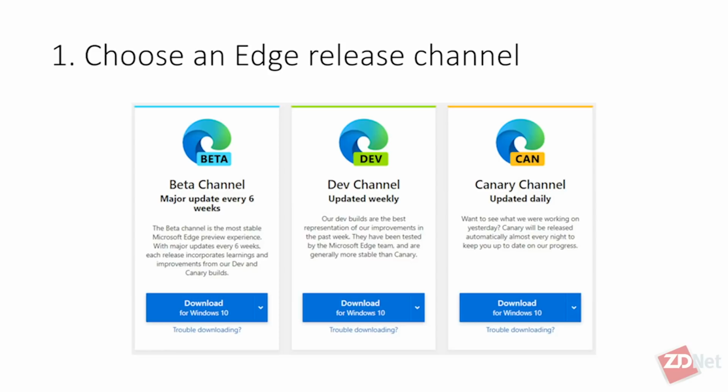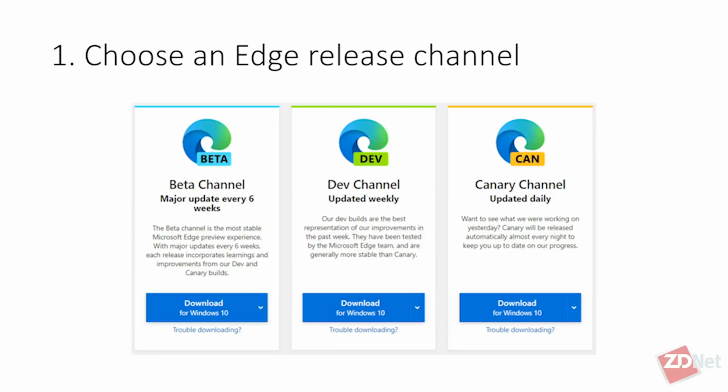So I want to encourage people to take a look at maybe installing a second version of Edge as well. These are called the insider release versions. You can get the beta channel, which skips you one release ahead, so you can see what's coming up next. You can go to the dev channel where you get a new update every week, or you can go to the Canary channel if you're really crazy and you want to get a new update literally every day.